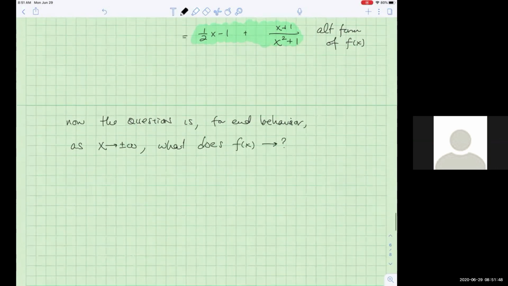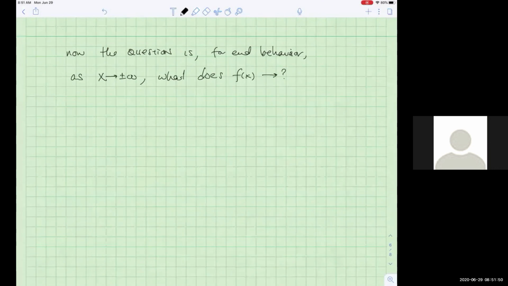Well, let's analyze f of x. f of x equals 1/2 x minus 1 plus this x plus 1 over x squared plus 1.